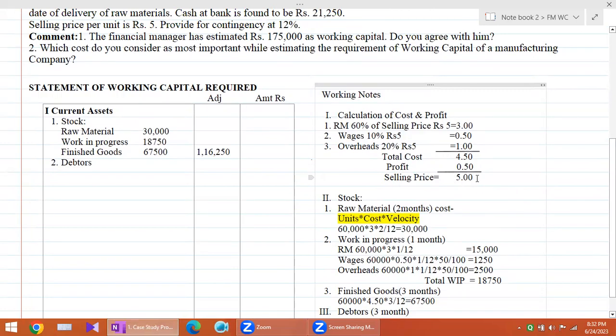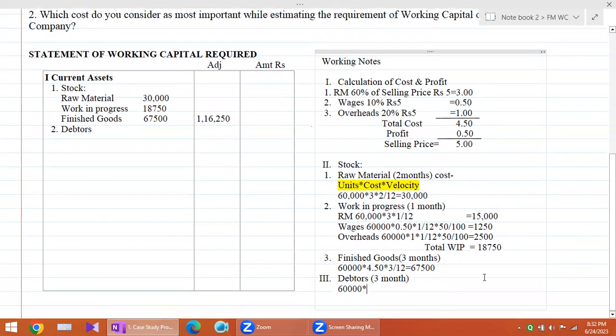We are not supposed to take selling price for the debtors. So we have to take only cost, total cost, that is cost of sales. Total cost of sales is rupees 4,50,000. Same amount we are taking here as cost, 4.50 for debtors calculation, into what is the velocity? 3 divided by 12.